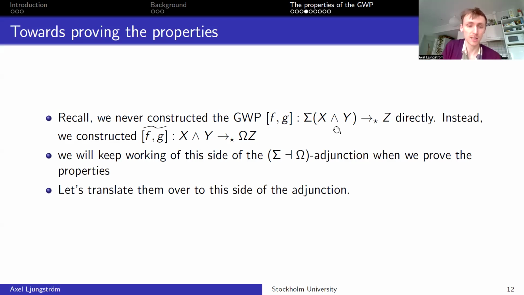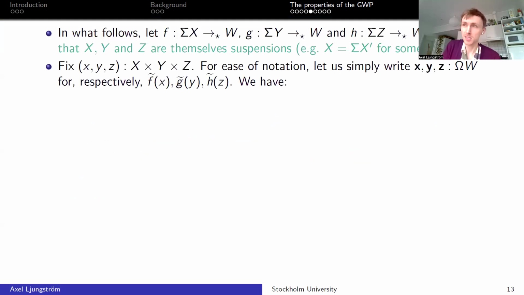So what happens then? Well, what happens then is you get something actually that starts looking really cute. So let's fix f going from suspension x into w, g going from suspension y into w, and h going from suspension z into w. And as a technical assumption, I'm going to now also assume that x, y, and z are themselves suspensions. So for example, x will be the suspension of some other pointed type x prime.